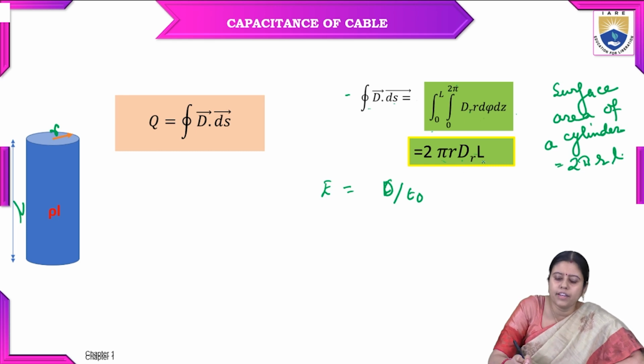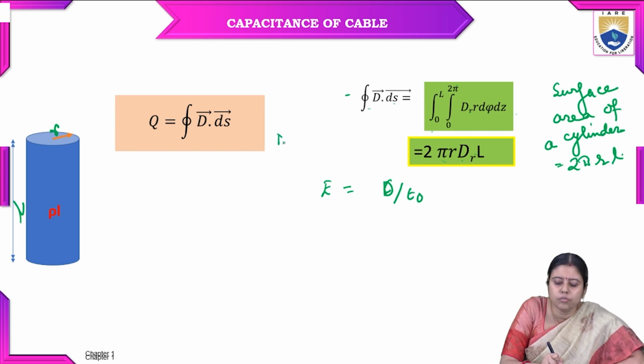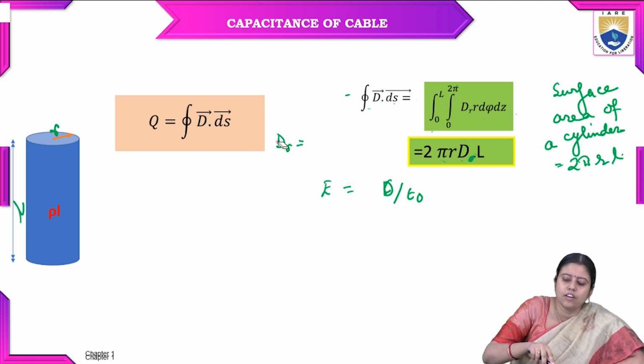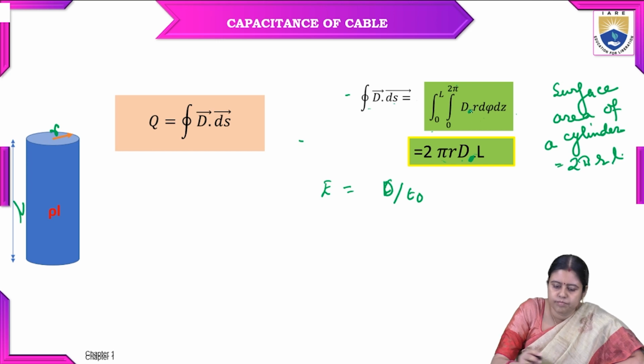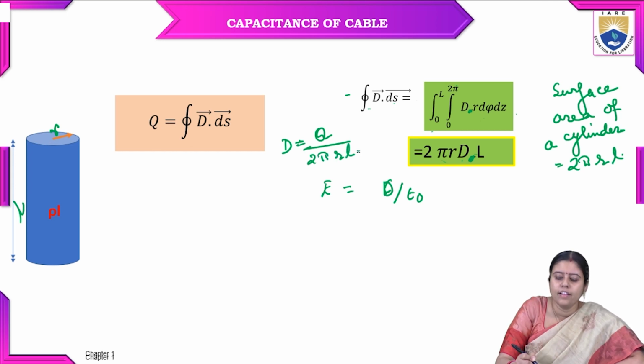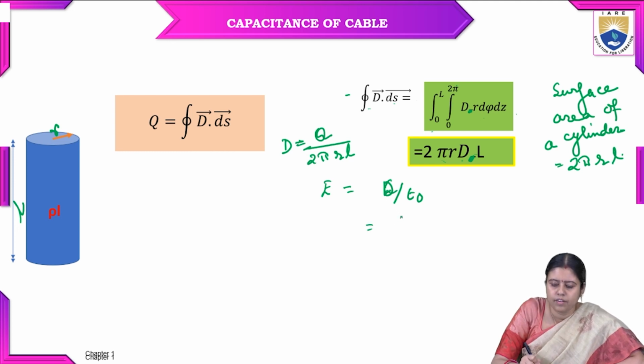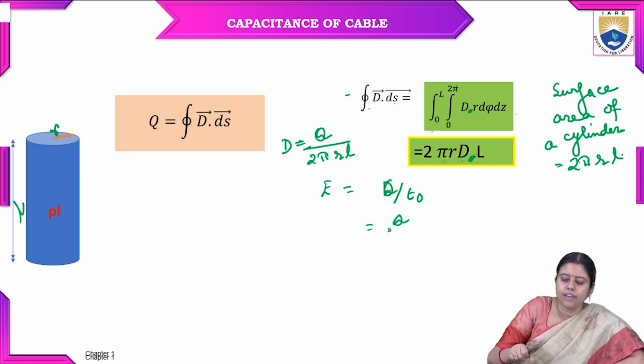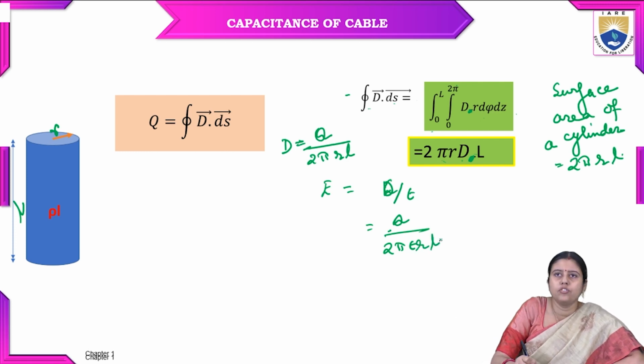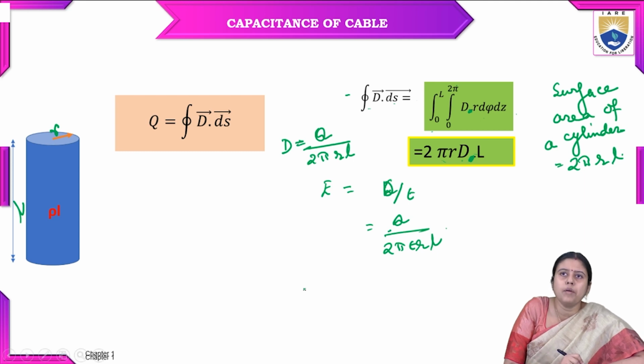So what is the value of D here? D is equal to Q by 2 pi r L. So E is equal to Q by 2 pi epsilon r L. So we got the value of E.